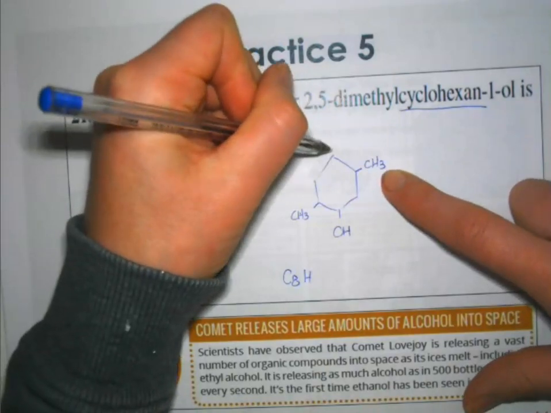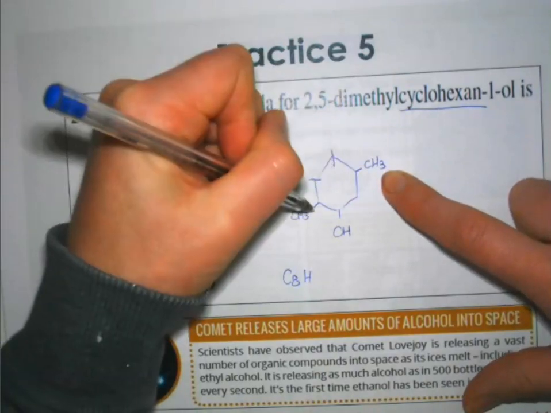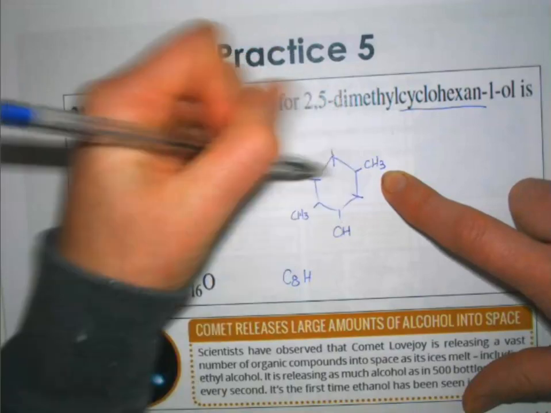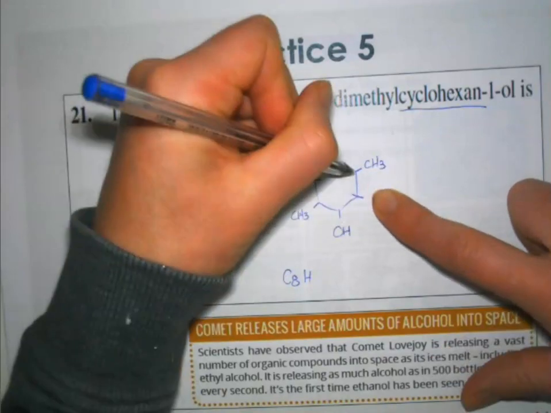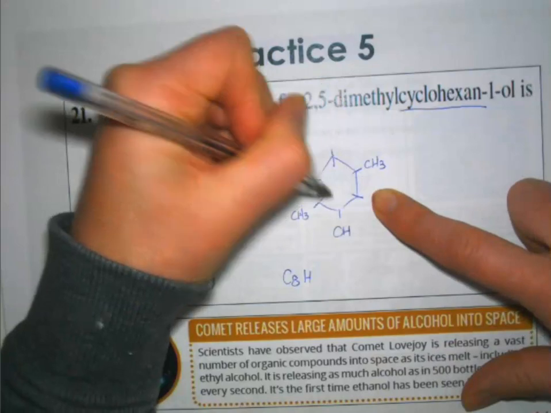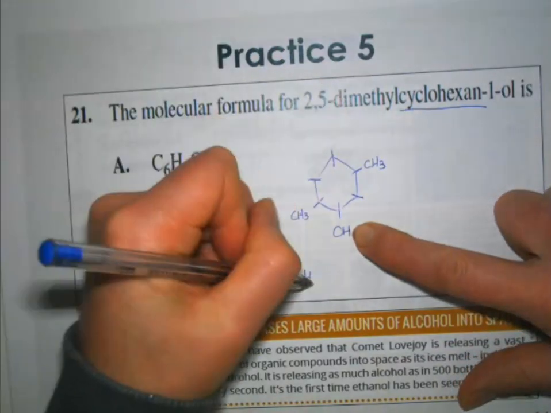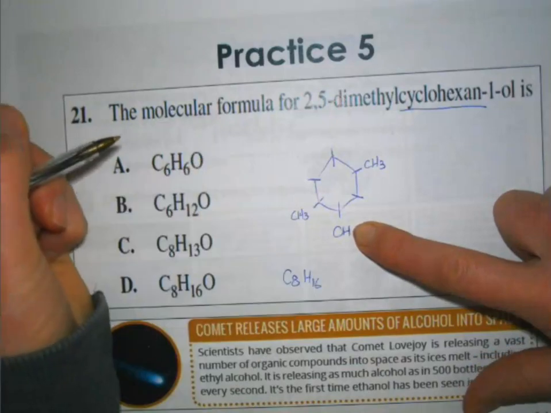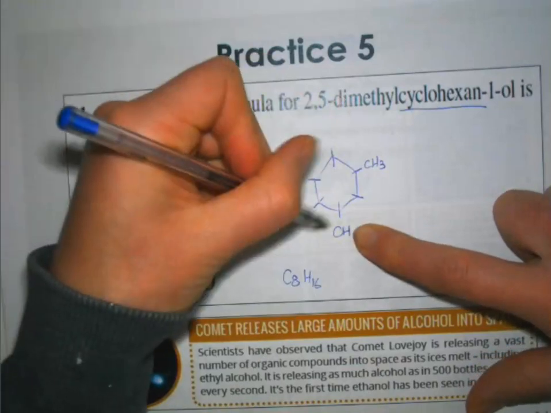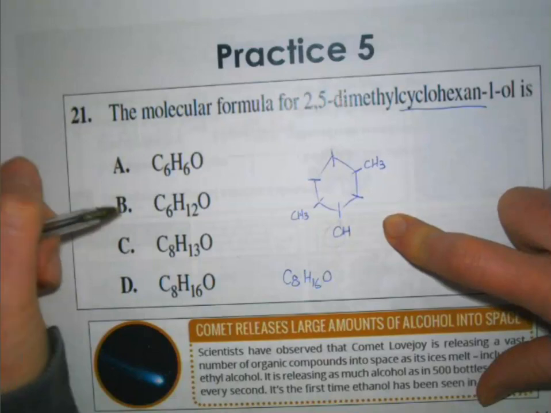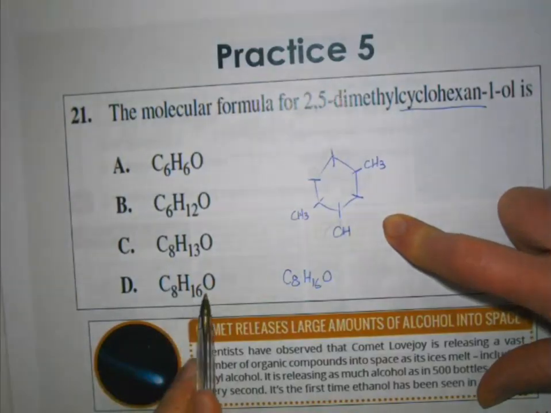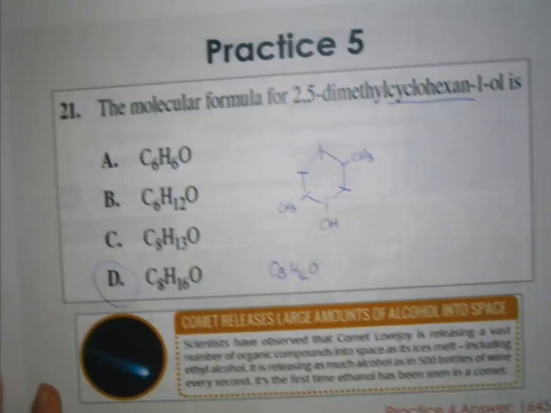So we have 6, 8, 10, 12. And then for the ones that have a side group, we're going to have 13, 14, 15, plus we have the hydrogen on the hydroxyl, so that's going to be 16. Then the only oxygen we have is on the hydroxyl group, so it's going to be O. So C8H16O is going to be the correct answer for that one. Okay, so that's how you would sketch out something like that.